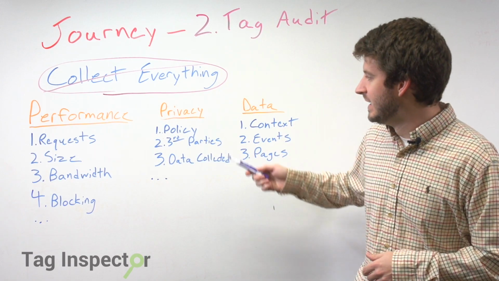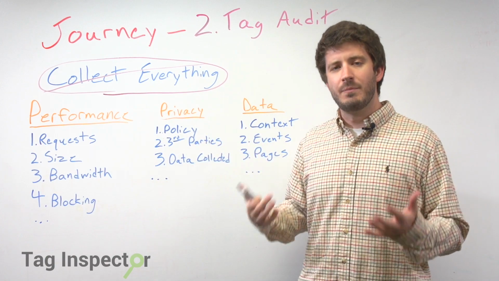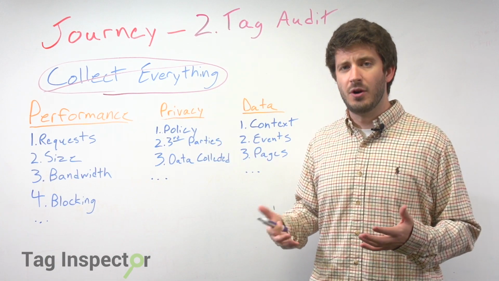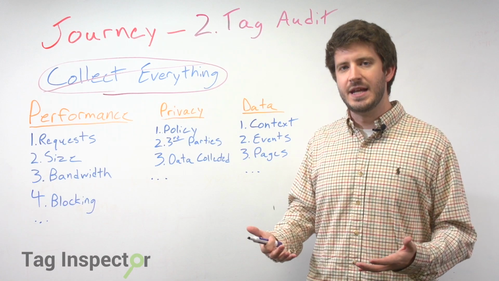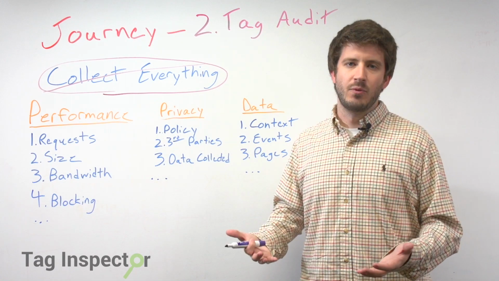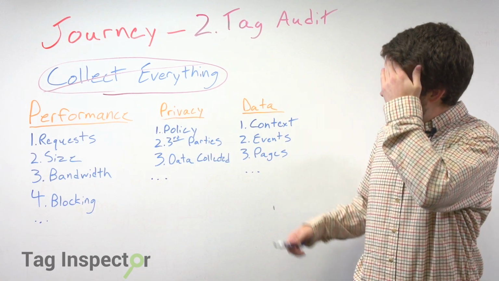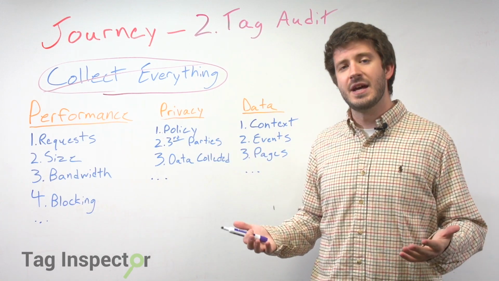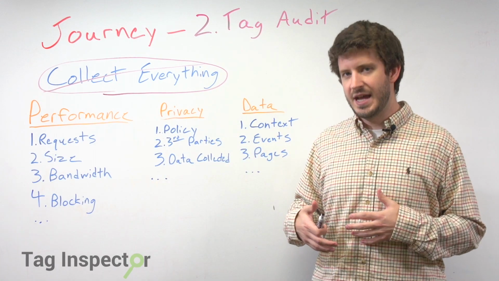If we're thinking about privacy, we need to first know a little bit about what policy we're trying to optimize for. What are the guidelines we have to work within when it comes to the data being collected and the platforms being used on the website? Number two, we need to know the third parties that are on the website. So what tags are there? Are they loading in any other tags?